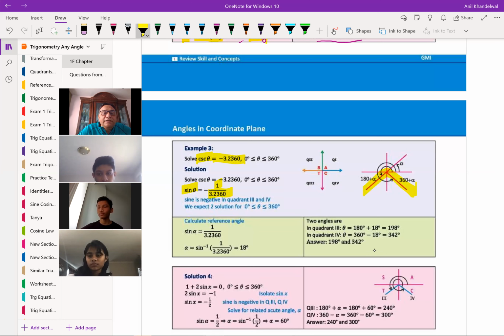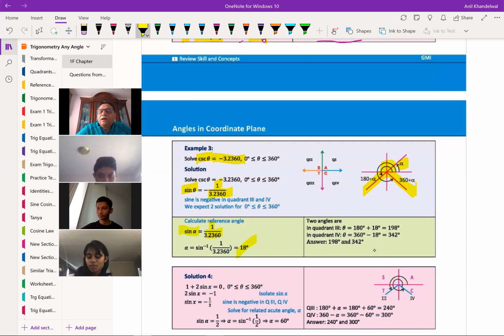Now I need to find the related acute angle. And to find the related acute angle, do you see I have dropped the negative sign? I'm writing sine alpha equals a positive value of 1 over 3.25, and I get the angle as 18 degrees using my calculator. So I know that the related acute angle alpha, which has to be between 0 and 90, is 18 degrees, and the two solutions should be what? One of them, as shown here by arrows, is 180 plus alpha, meaning 180 plus 18.